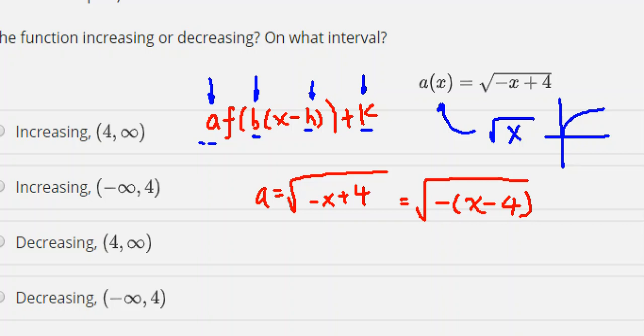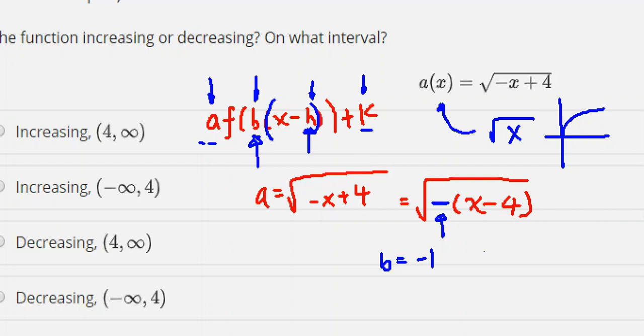When you factor the negative sign out, this becomes negative. Now let's try to make a match. This negative sign is actually my b, right? b is negative 1.